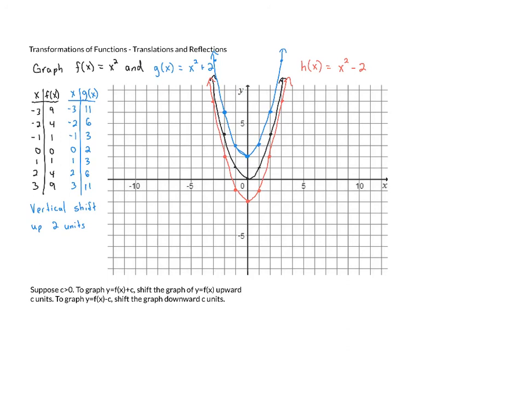These are called vertical translations because they're shifting vertically. They're shifting up and down. So, vertical translations. In the next videos, we're going to look at horizontal translations and also reflections.